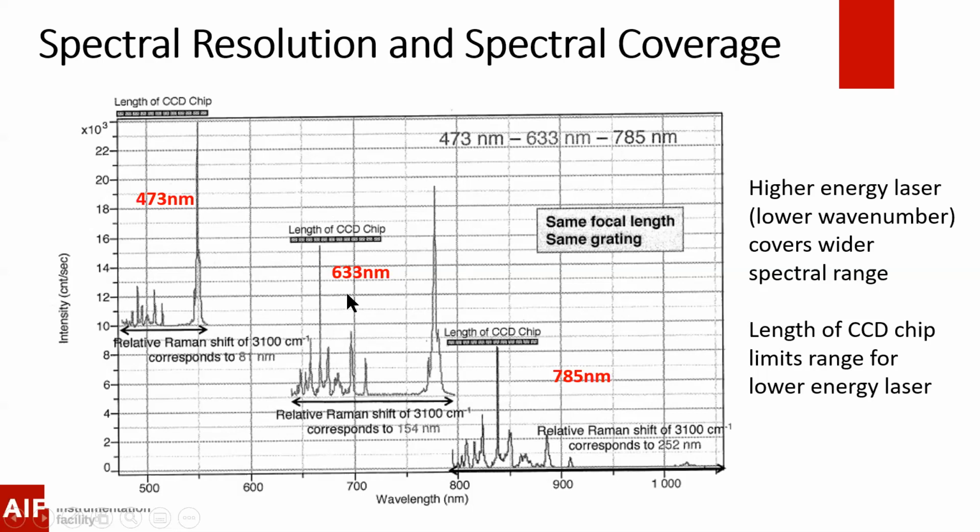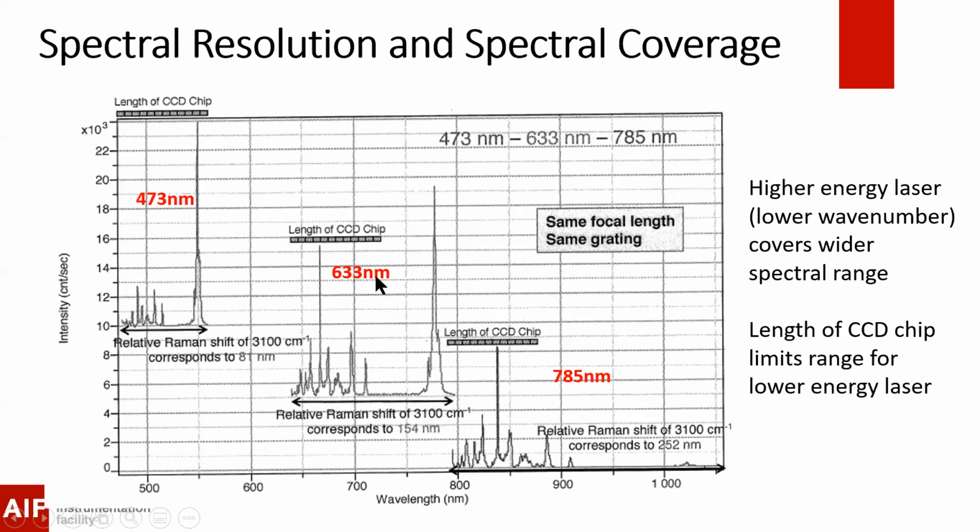If you increase the wavelength of the laser, the relative Raman shift at such a higher range cannot be covered by a single CCD chip, because this Raman shift corresponds to 154 nanometers.